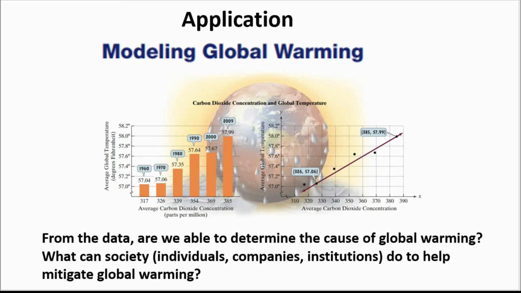Also, I think the other issue is in terms of pollutants when it comes to plastic that's being thrown away, and how that's also affecting the so-called ozone level. What can society, that is individuals, companies, institutions, do to help mitigate global warming? Anyone?